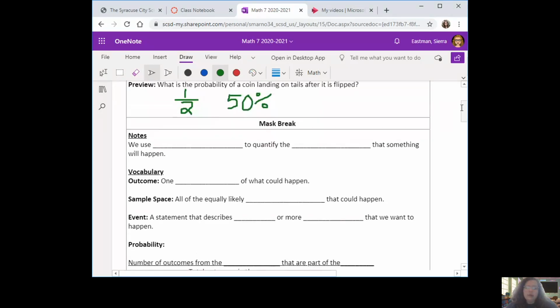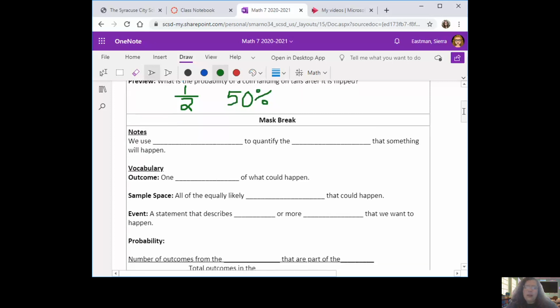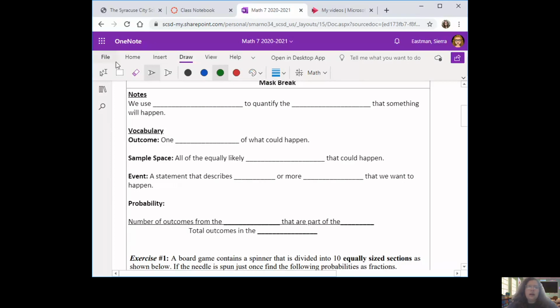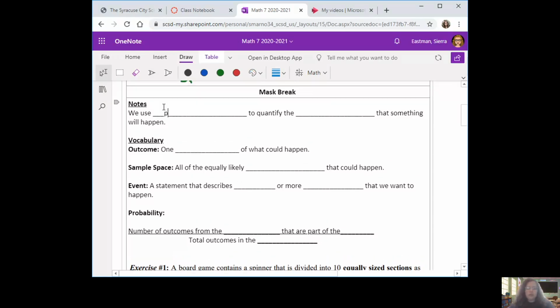Okay, let's go ahead and fill in some notes. I did say a couple of words while I was completing that preview question that may be new to you. And the first thing is probability. What actually is probability? And so I'm going to fill these in. We use probability to quantify, to get a number for how likely something is to happen, or the chance that something will happen.